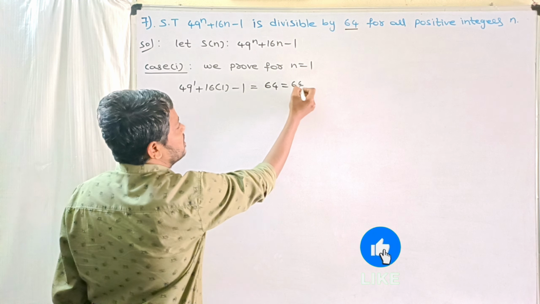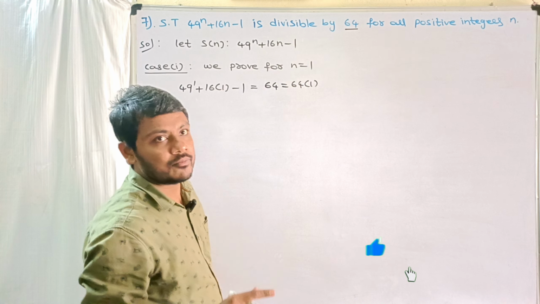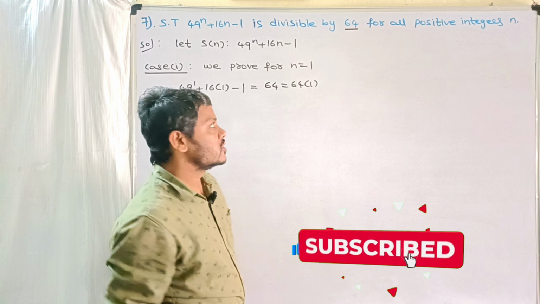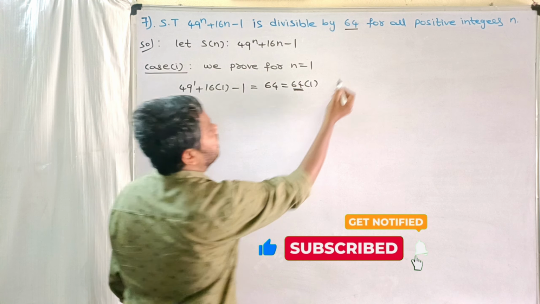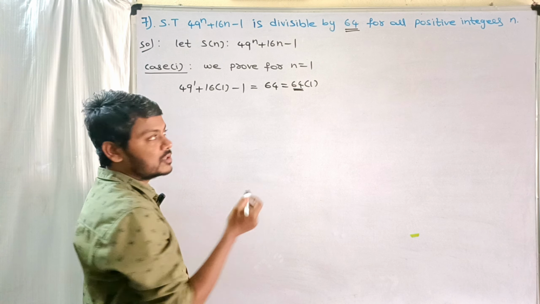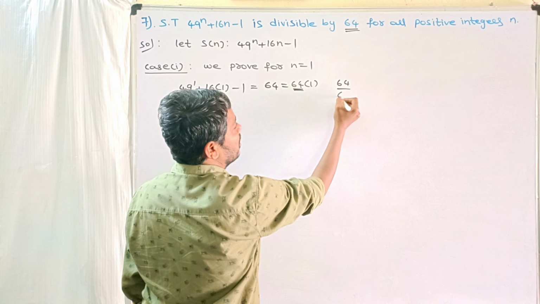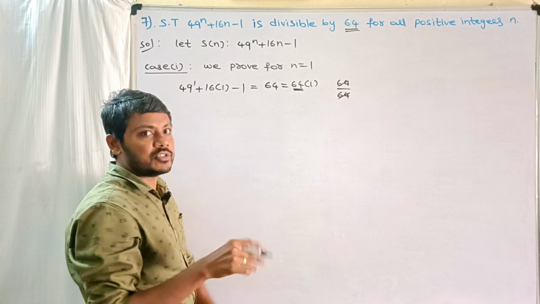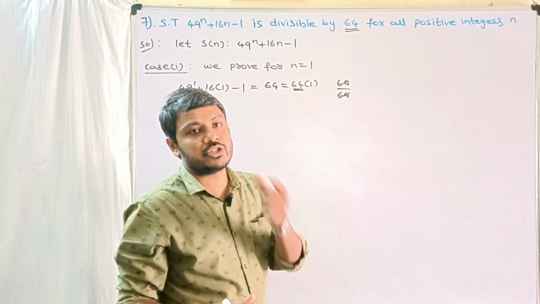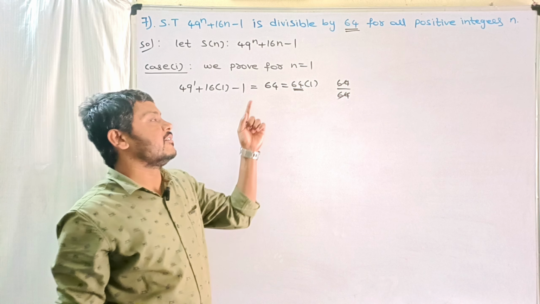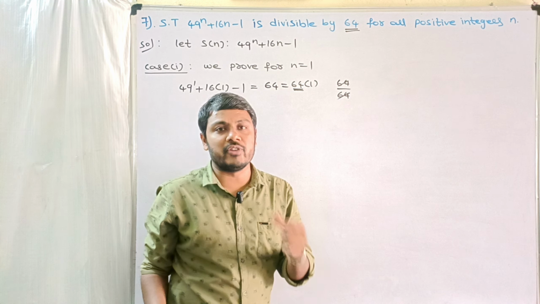This can be written as 64 into some value, that is 1. So clearly it is divisible by 64, since 64 by 64 cancels. We can say the given statement is true for n equals 1.